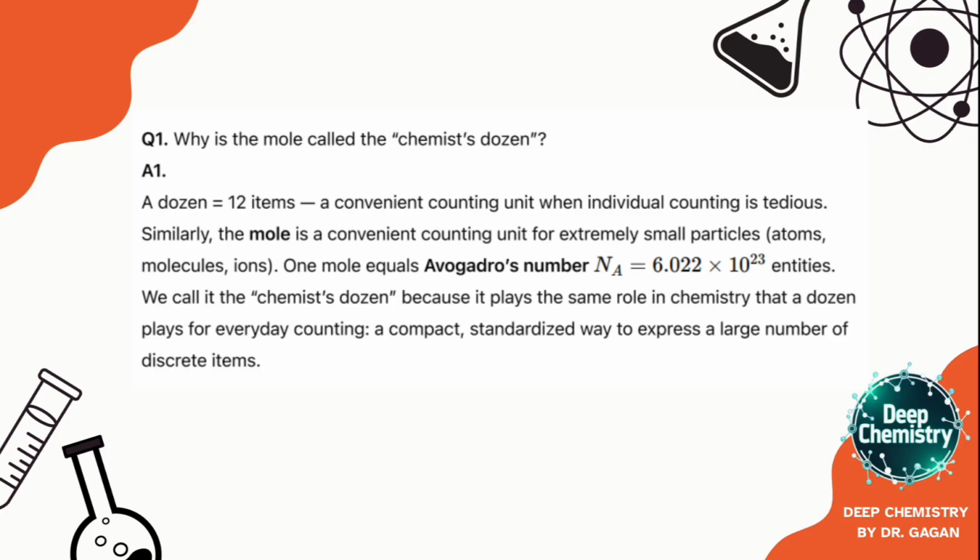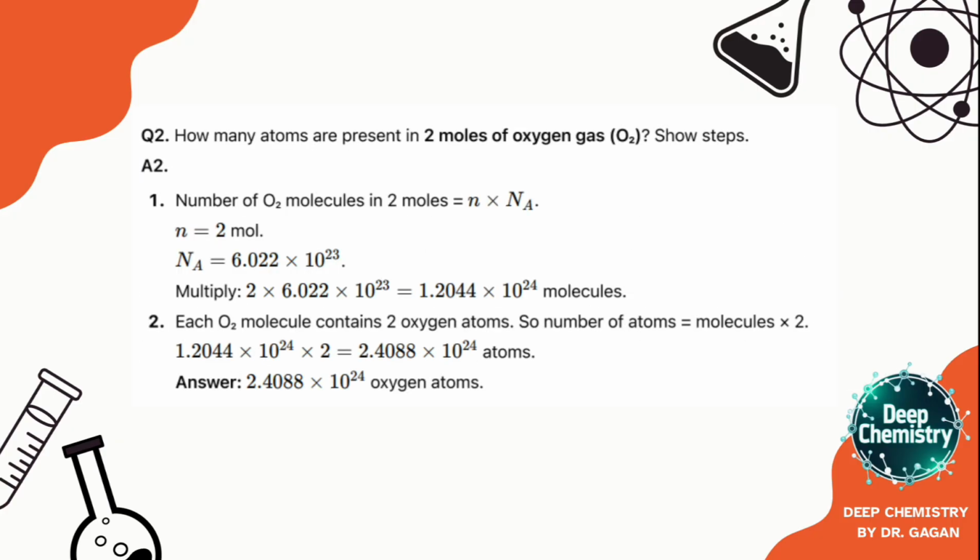Question number 2. How many atoms are present in 2 moles of oxygen gas? Let's start by finding the number of molecules in 2 moles of oxygen. Number of molecules will be equal to n × N_A, that is equal to 2 × 6.022 × 10^23, that is equal to 1.204 × 10^24 oxygen molecules.